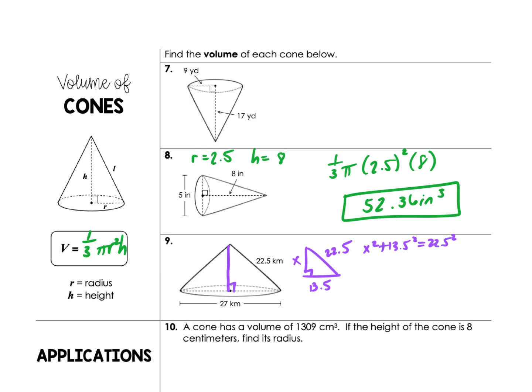We solve for x and get x equals 18. And again, that's your height. So 1/3 pi times r, which is 13.5 squared, times the height, which is 18.